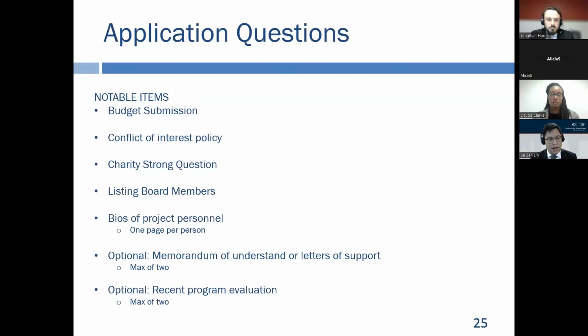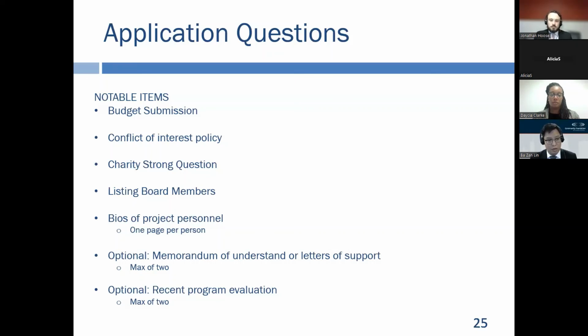We also require lists of board members and the bios of project personnel. Please only submit 1 page per person. And if you are submitting CV or resumes, please try to limit 1 to 2 pages. There will only be 2 spaces for memorandum of understanding or the letters of support.